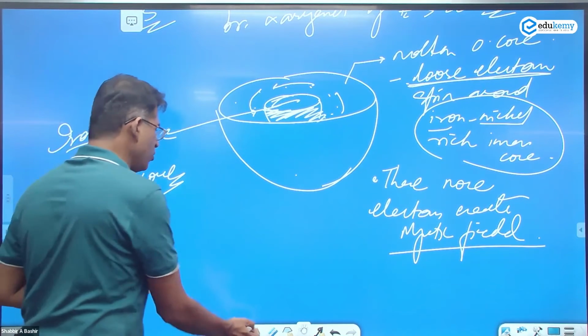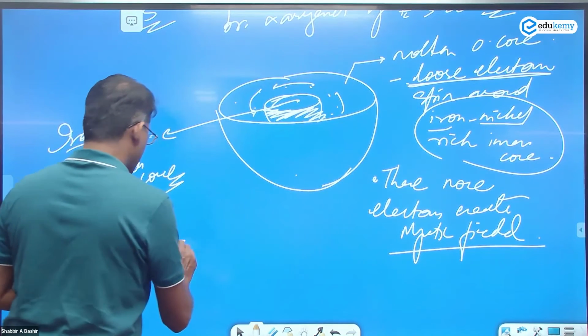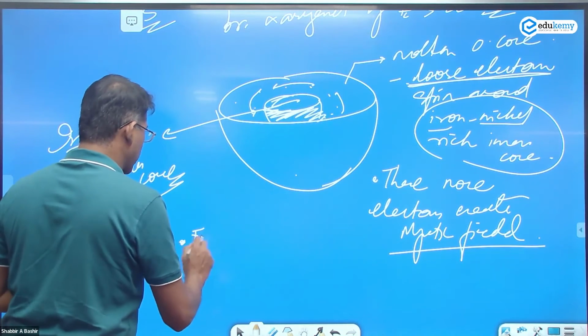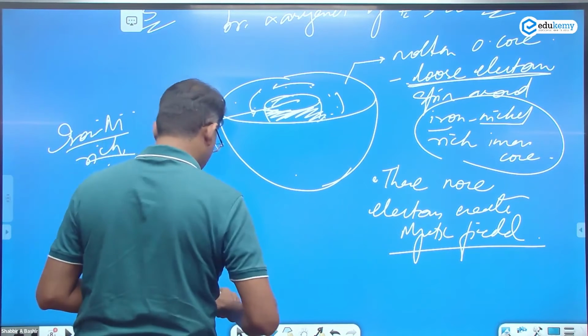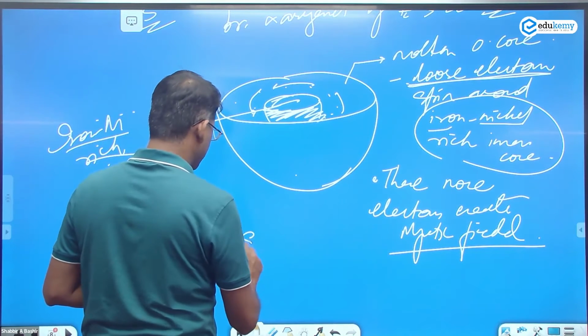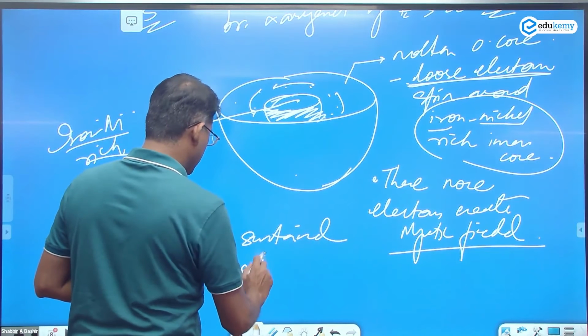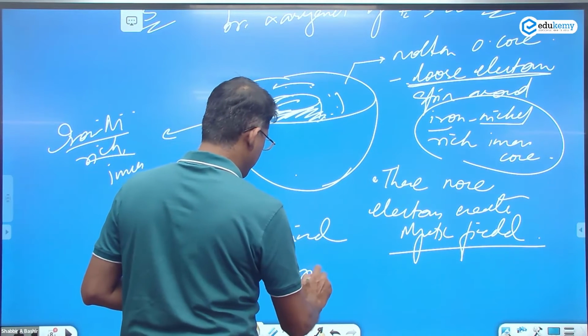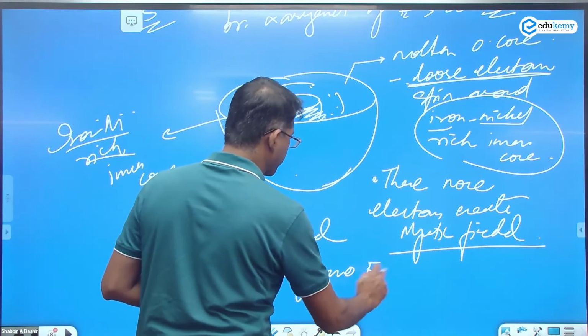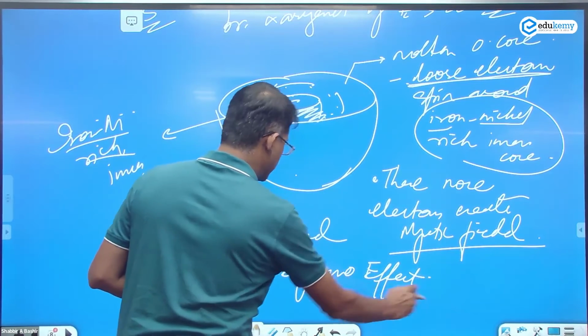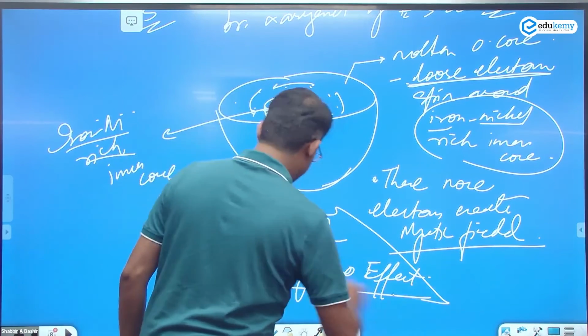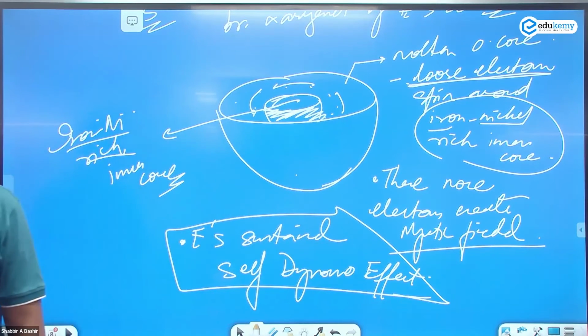Yes, you're right, Charu. This mechanism is called as Earth's sustained self dynamo effect.